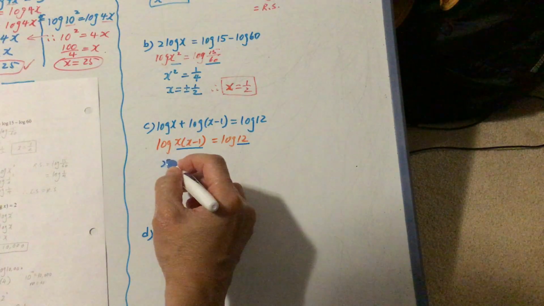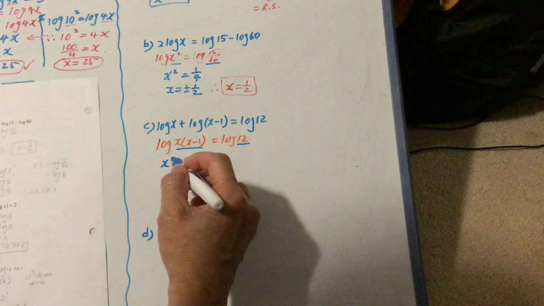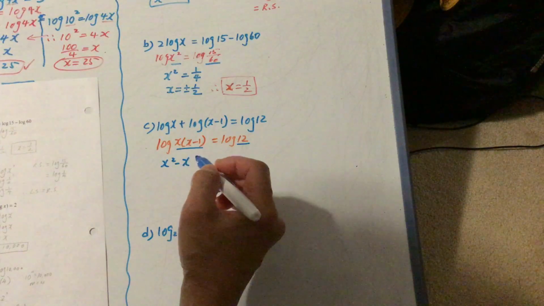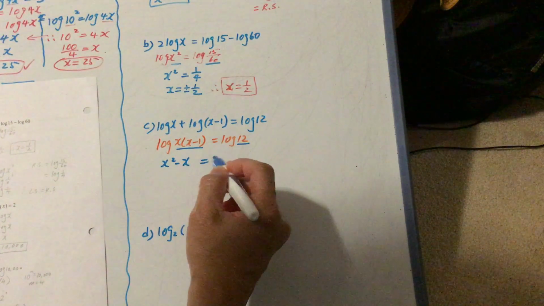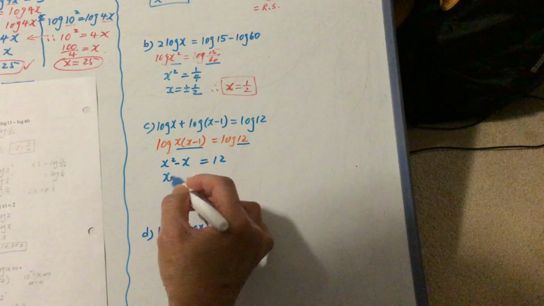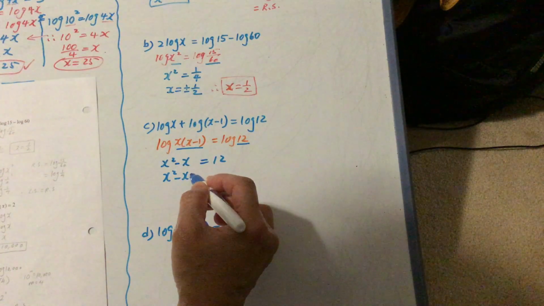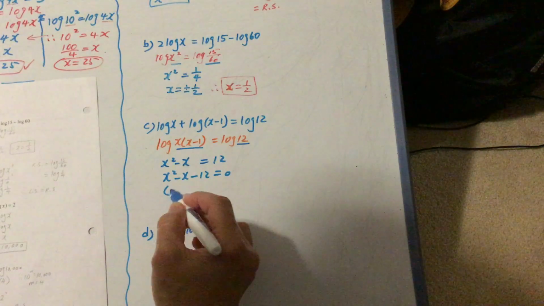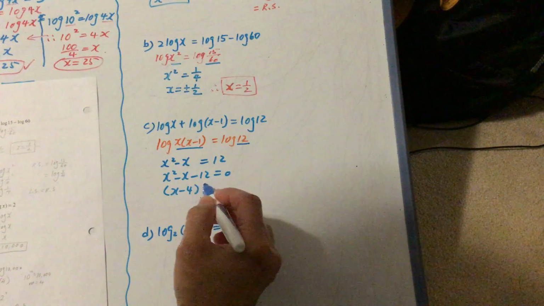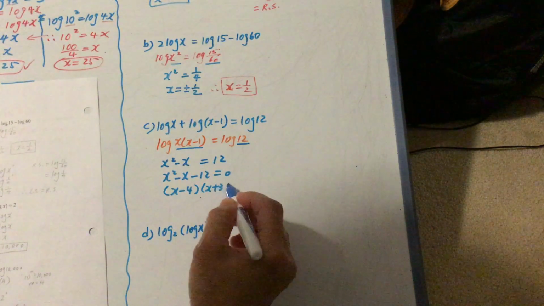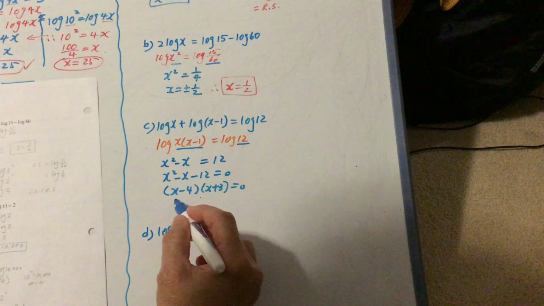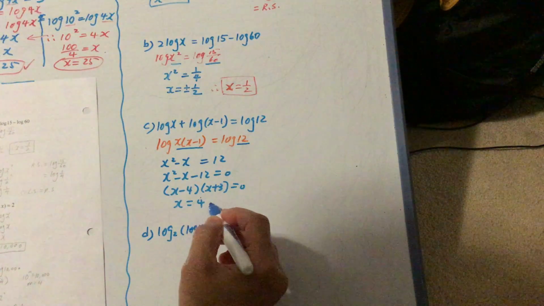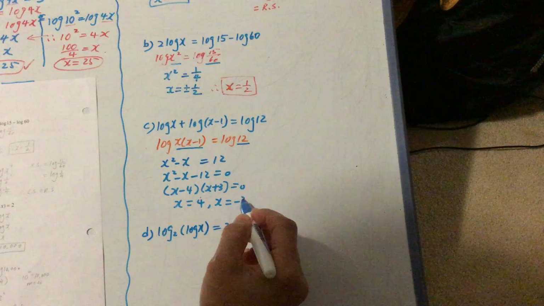So x squared minus x is going to be equal to 12. Rearranging everything as a simple trinomial, you will get (x minus 4) and then (x plus 3). So you will end up with x equal to positive 4 and x equal to minus 3.